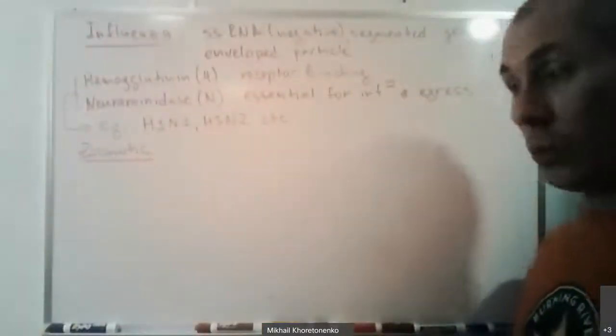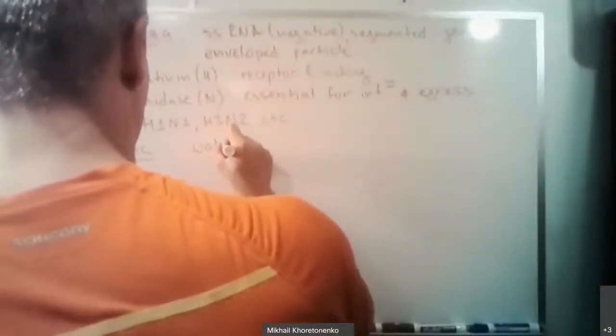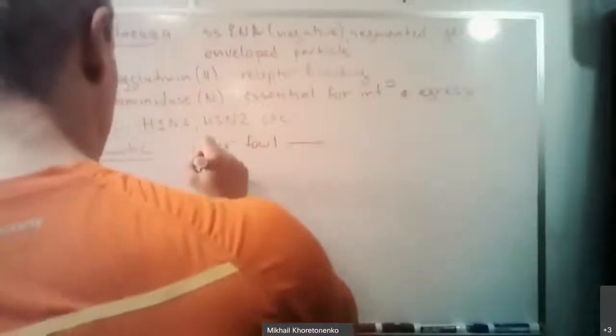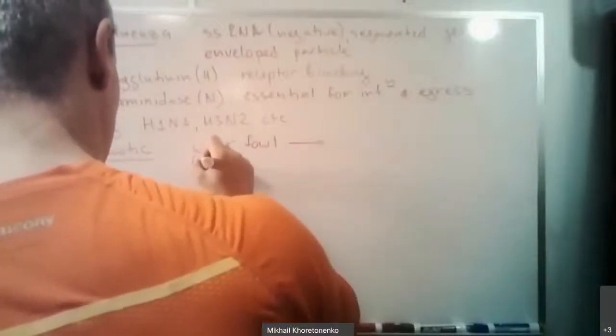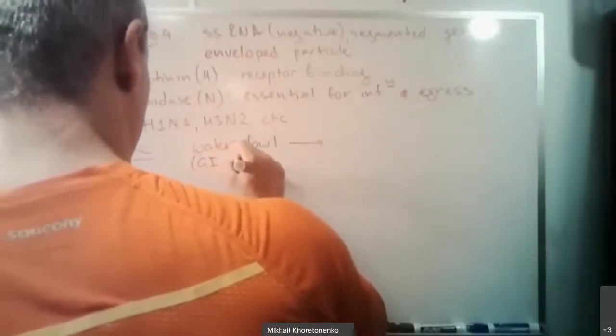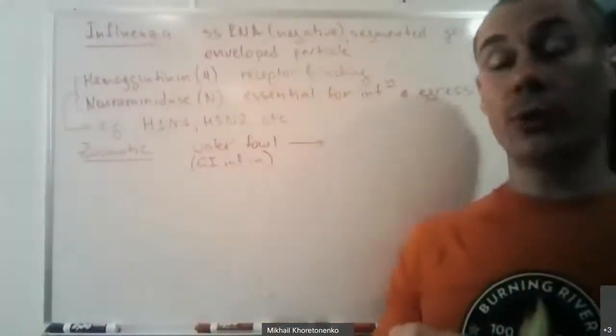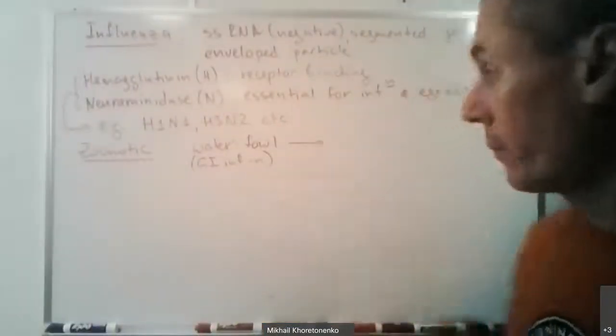So there are several ways, and we're going to try and picture it nicely. It all starts in waterfowl. Then it is transmitted, and in waterfowl, influenza is a GI infection. Okay, so in waterfowl, influenza infects the digestive system.